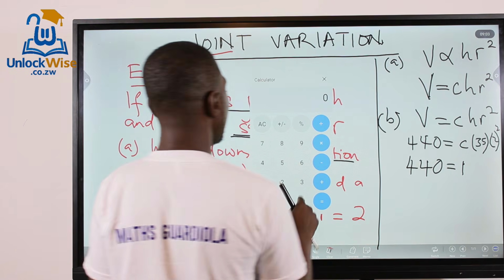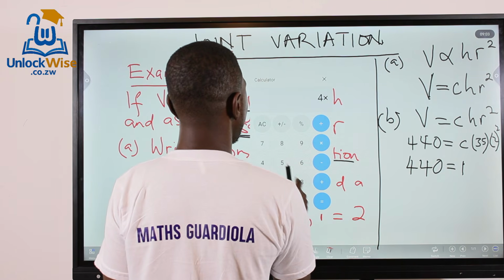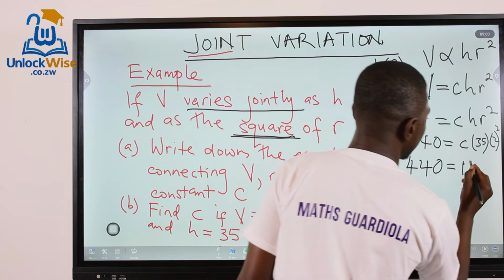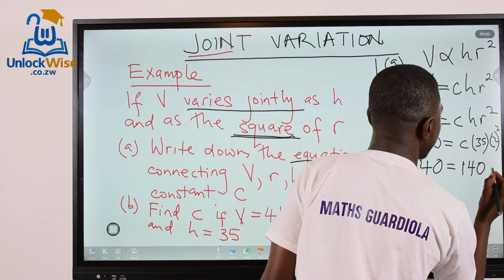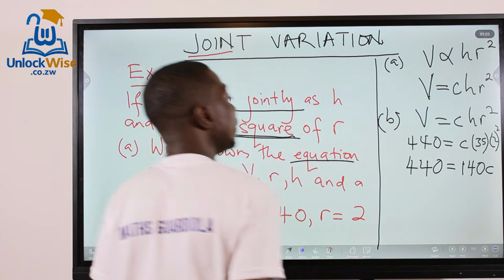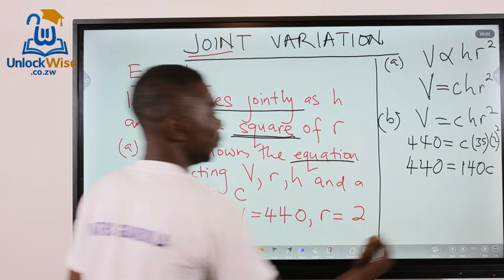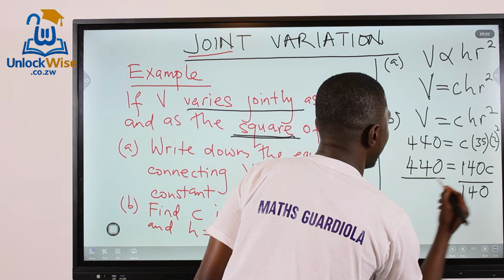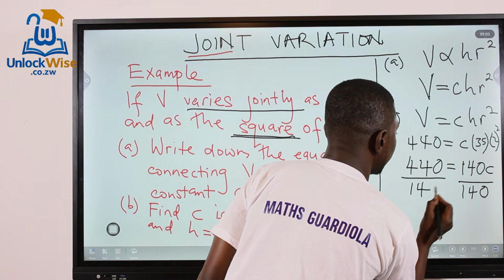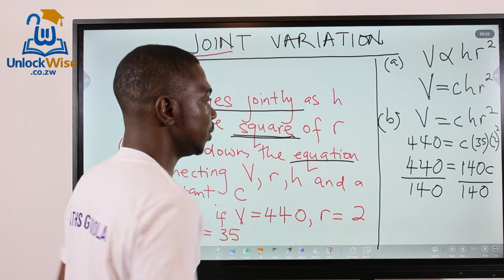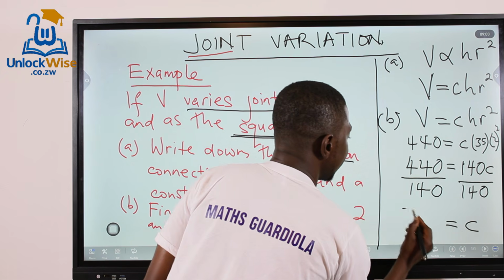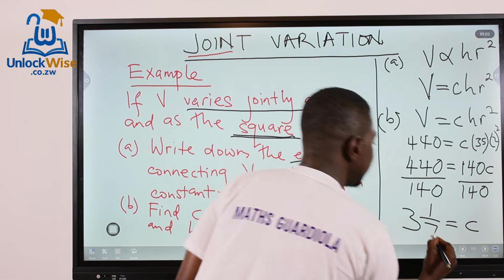what is 4 times 35? It's going to be 140. So we are going to have 140 here, and we have C here. So we are going to divide both sides by 140. And this should give you something like 3 and 1 over 7.